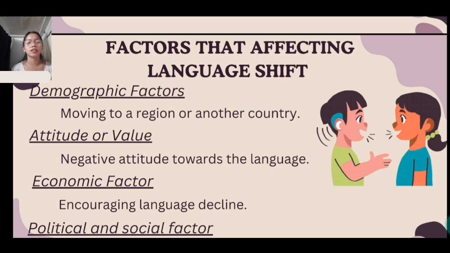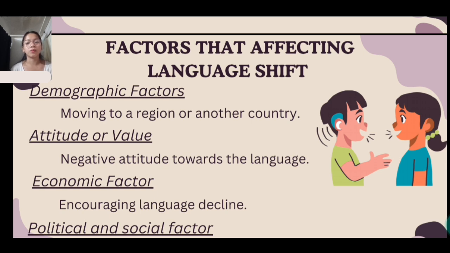I hope you can see it on the screen. The first one is demographic factors. Second, attitude or value. Next is economic factor, and the last one is political and social factors.